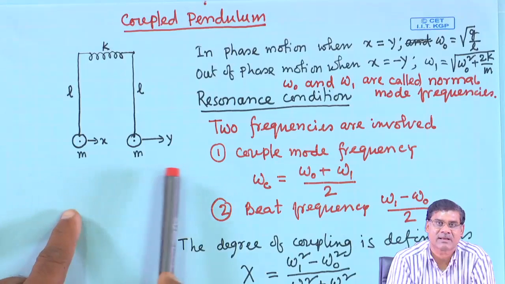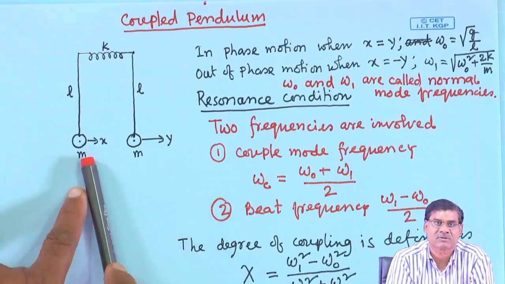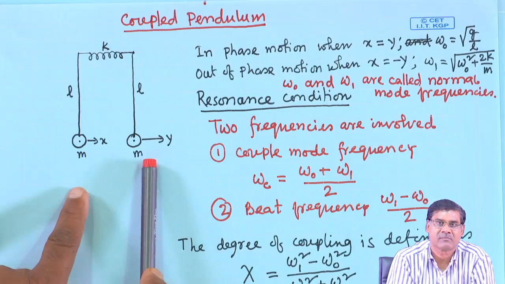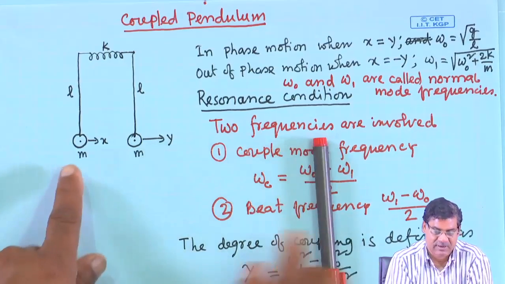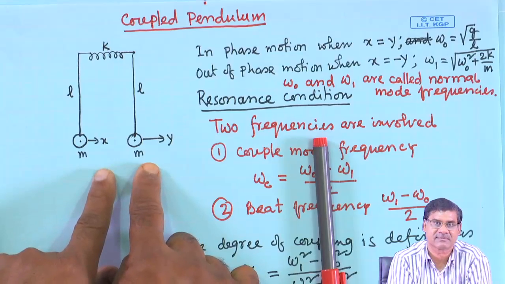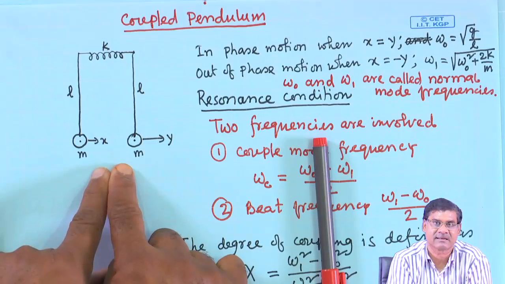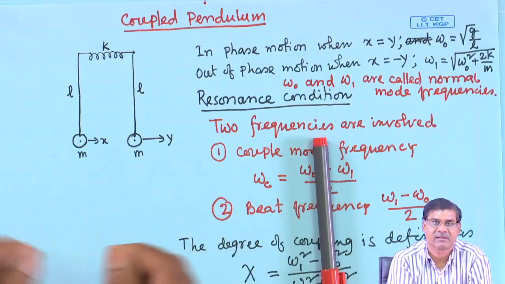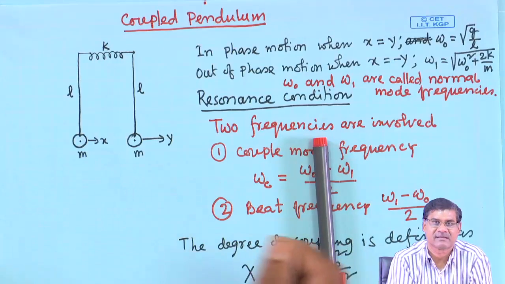X equal to minus y means x equal to, say, A and y equal to minus A. So if one is displaced this way, the other is displaced by the same amount in the other direction. Then leave it, and they will oscillate in this way.